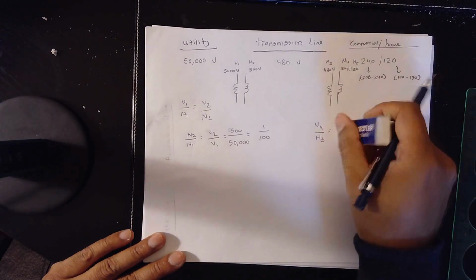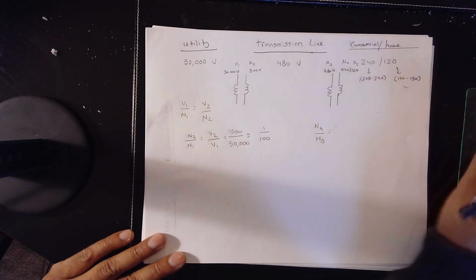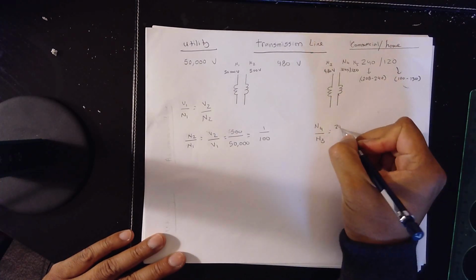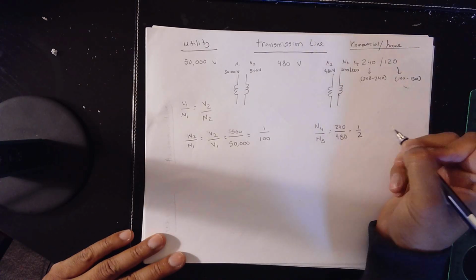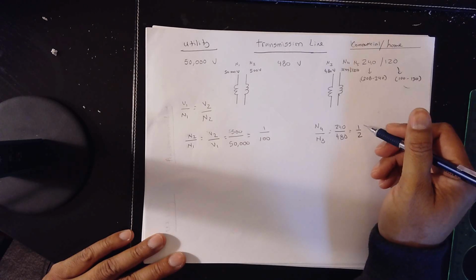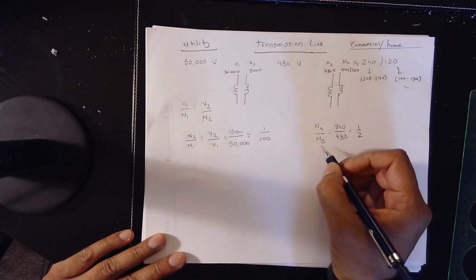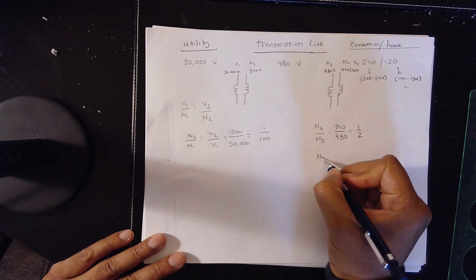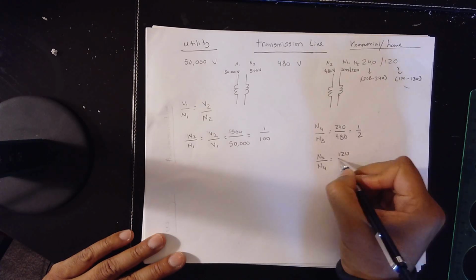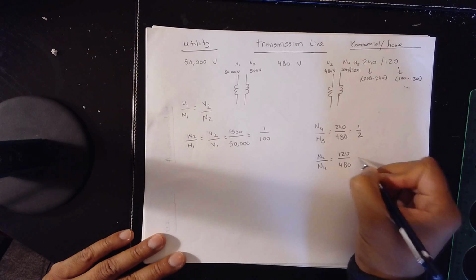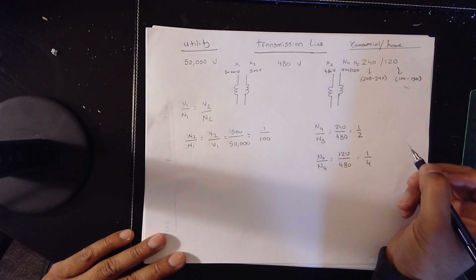Let me write this. 240 over 480 gives us what? 1/2. It's a 1 to 2 ratio. If we look at N5 over N4, we get 120 over 480, which is 1 over 4, right? So it's 1 to 4 ratio.